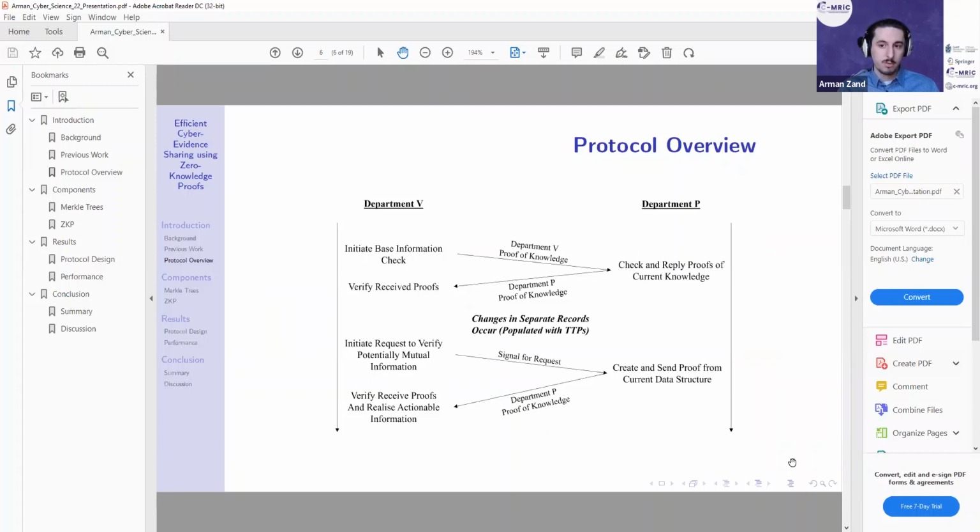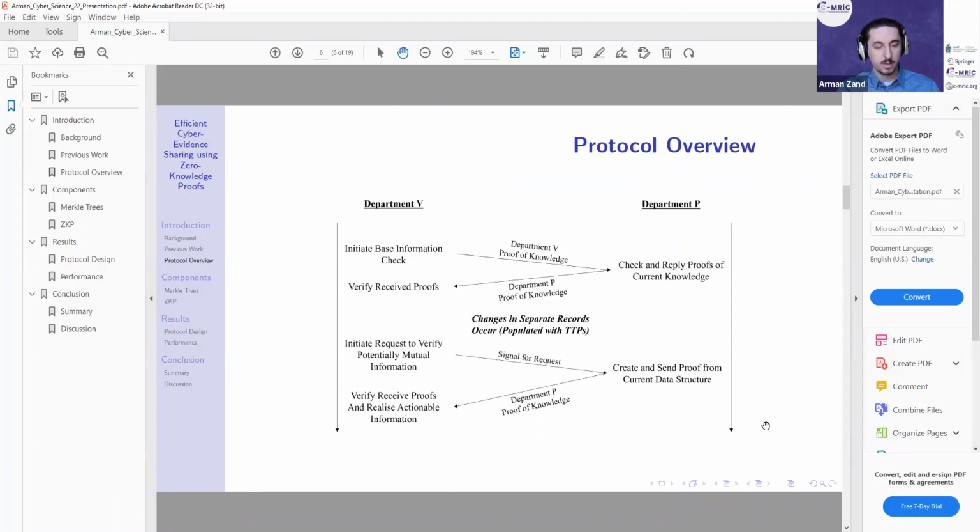So we have a brief look at the protocol, a high-level overview. We have Department V and Department P, so we have a verifier and a prover, respectively, and they want to check if there is some mutual information between them.